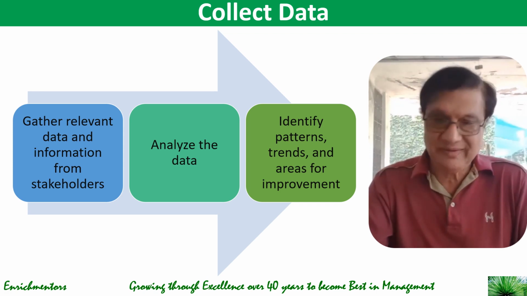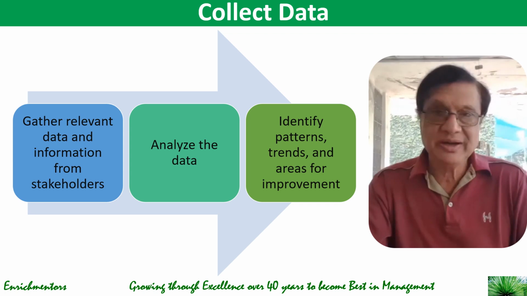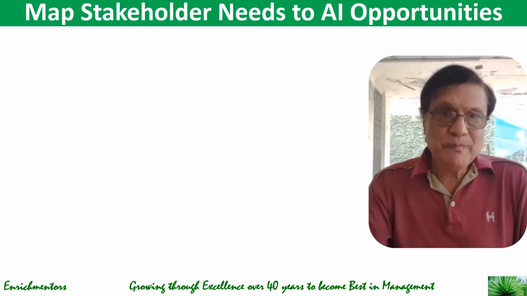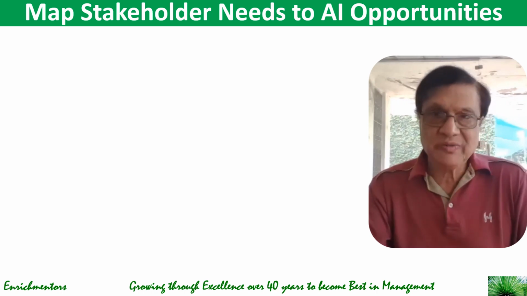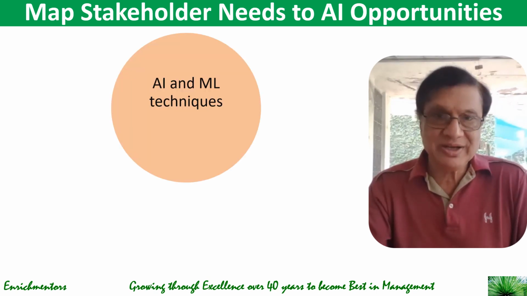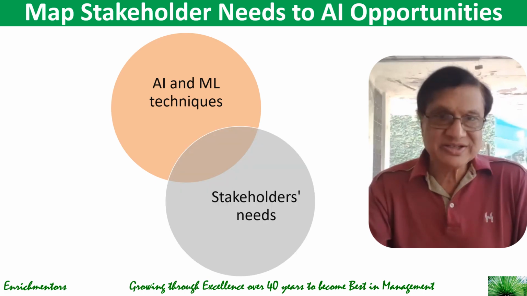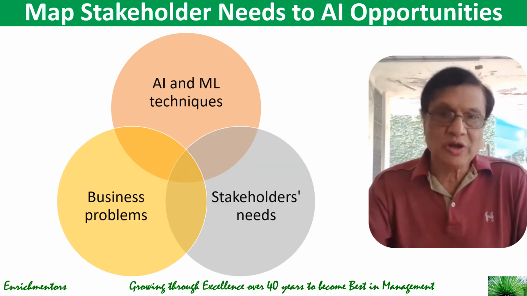Then you need to map stakeholders' needs to the AI opportunity. You have now understood what the stakeholders need, so you have some idea of what techniques of AI and ML you can use. So identify such potential opportunities where AI and ML techniques can address stakeholders' needs and solve business problems.